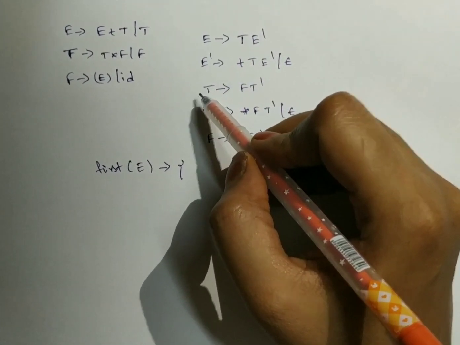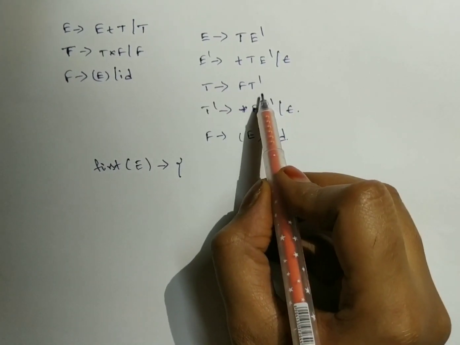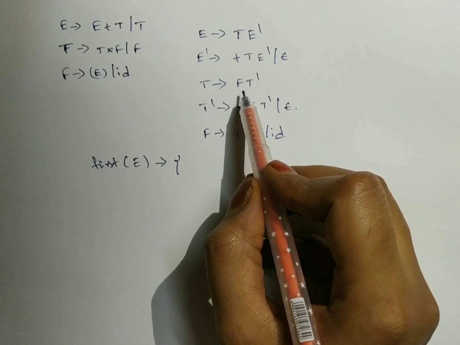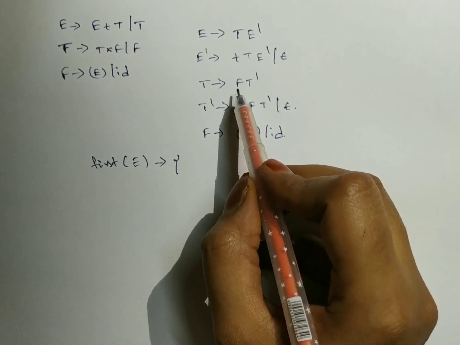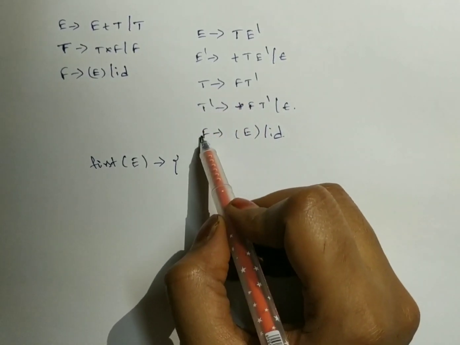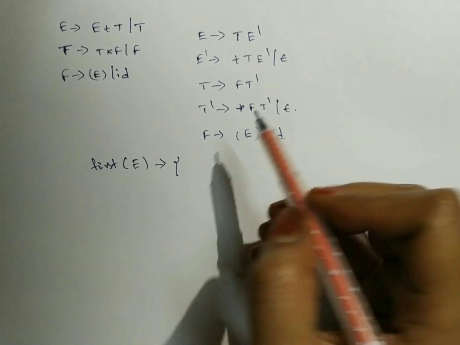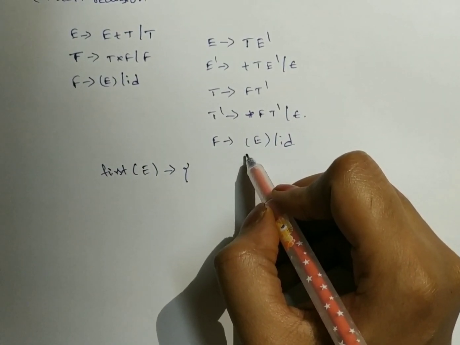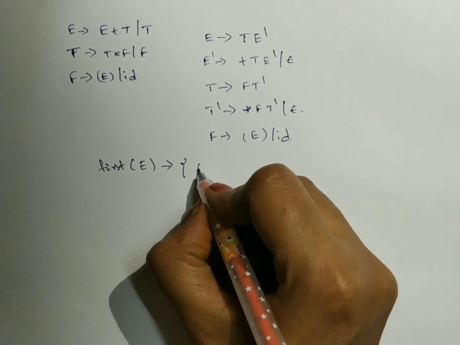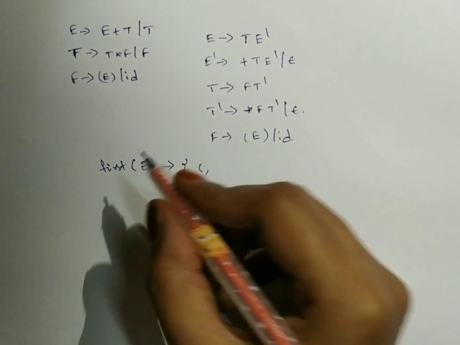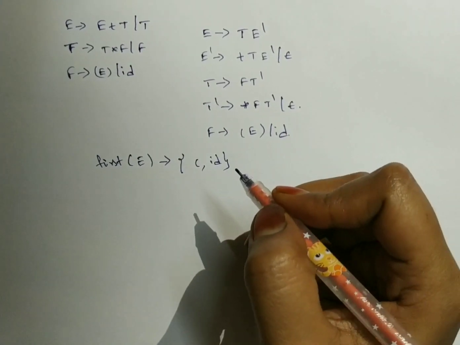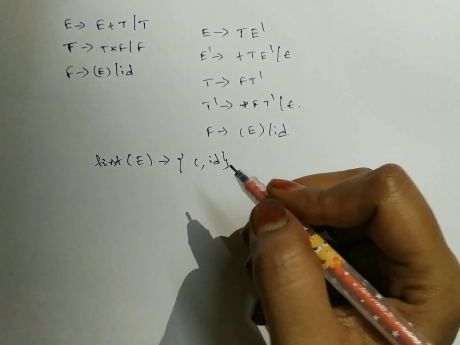See, T derives FT dash. Here also we are having a non-terminal value, F. F refers to this statement. F derives open bracket, which is a special symbol, so I am considering it in the first of E. It also derives ID, so I am also considering ID as first of E.